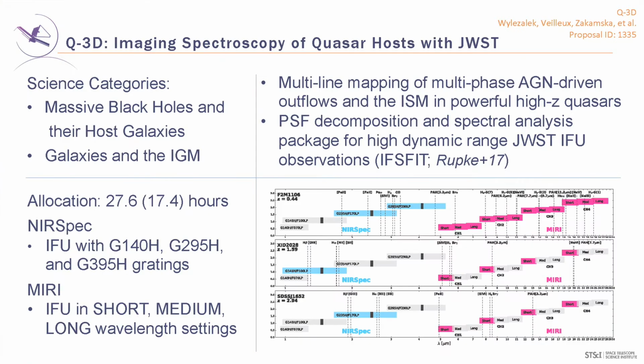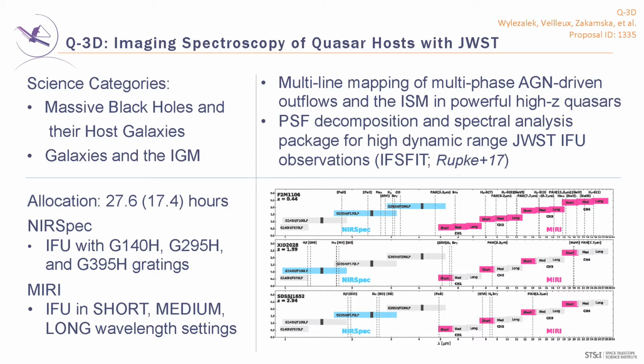We're planning to use the IFU spectrograph on NIRSpec and MIRI, and then we're going to use a number of spectral elements to get many of the critical strong line diagnostics for ionized gas, for molecular gas, and also for a star formation indicator like PAH.